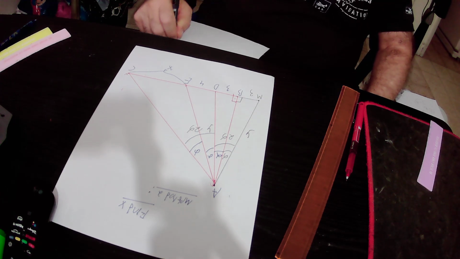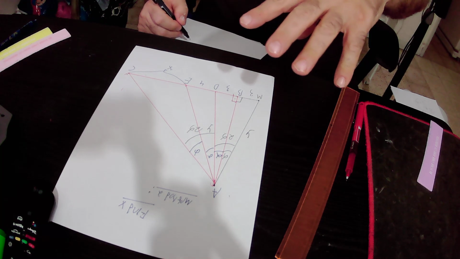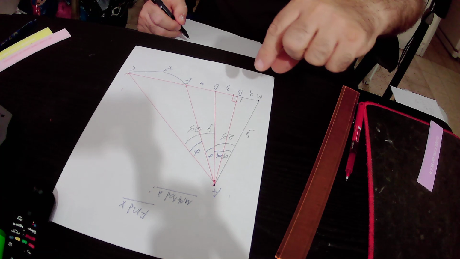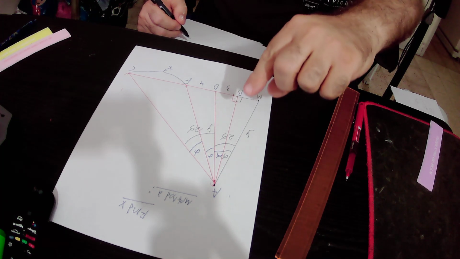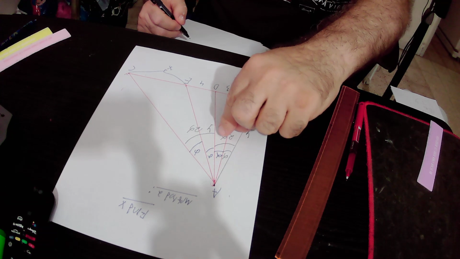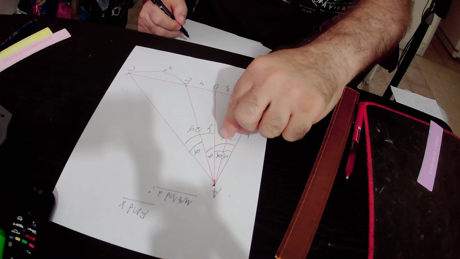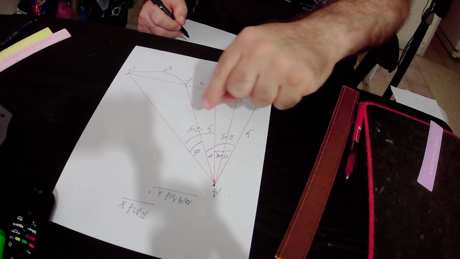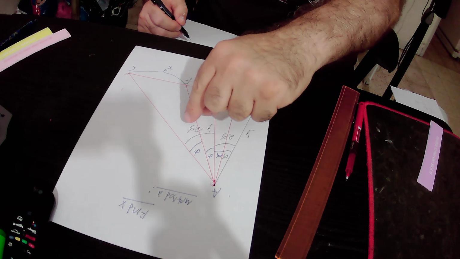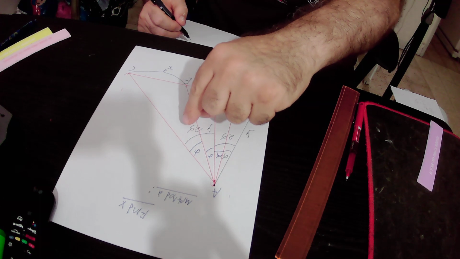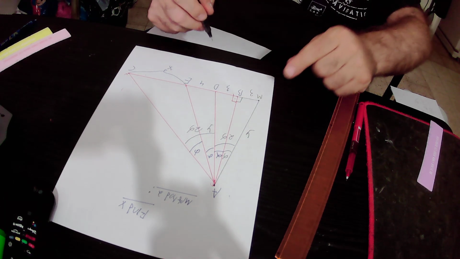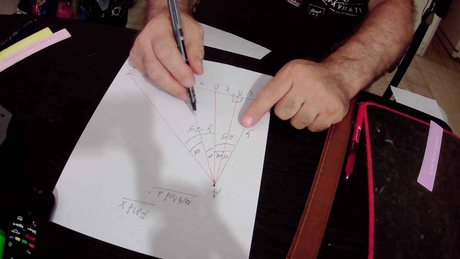Okay, again, in the big triangle AMC, AD is angle bisector because it divides the big angle into two equal parts, 2 alpha and 2 alpha.